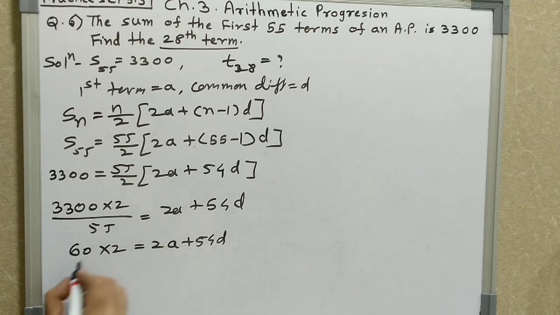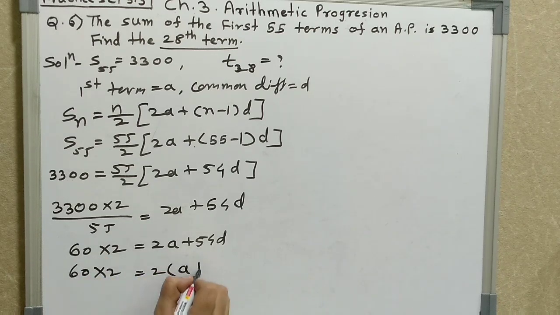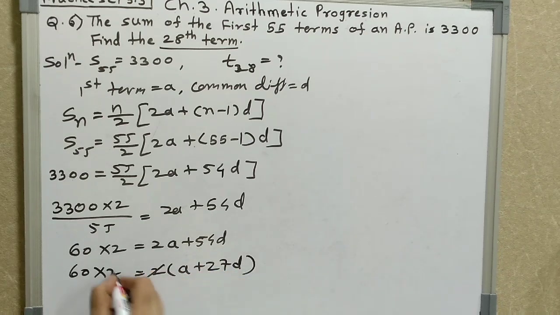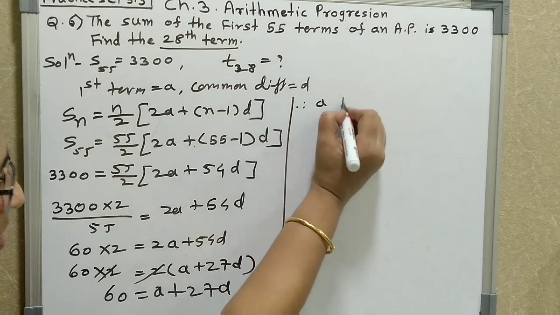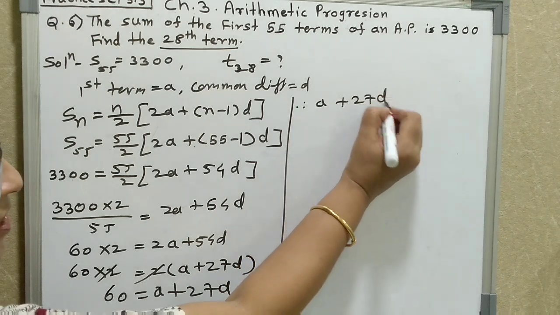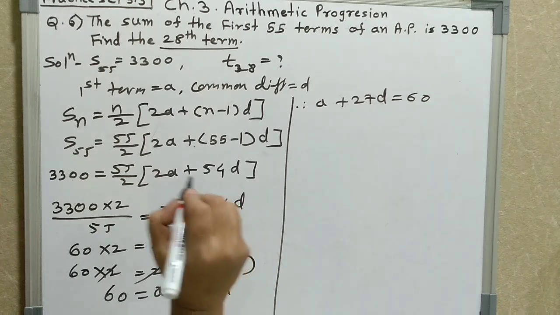Here we take 2 common: 60 into 2 is equal to 2 times a plus 27d. The 2 cancels, so 60 equals a plus 27d. So we form the equation a plus 27d is equal to 60.